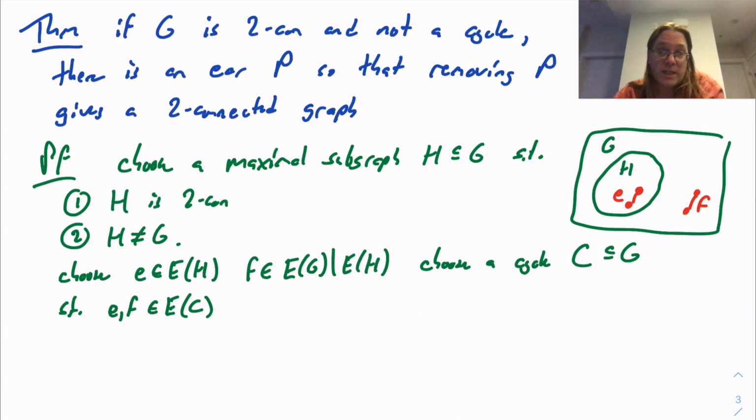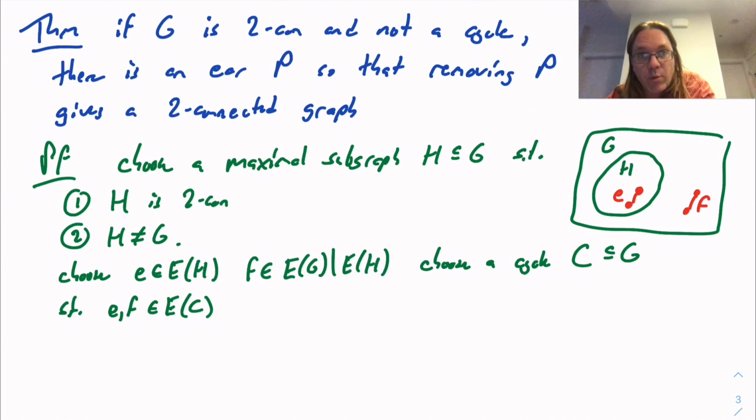Again, by assumption, F is not an edge of the subgraph H, but it is possible that one or both ends of F are in H.